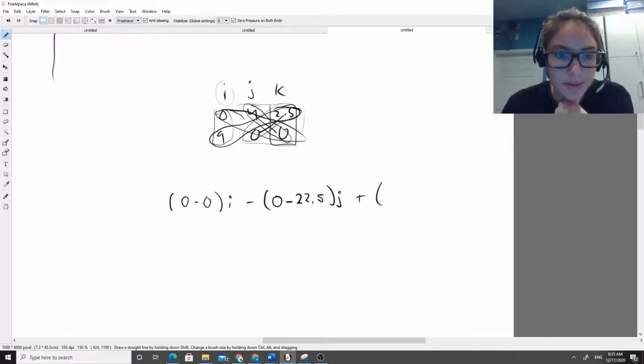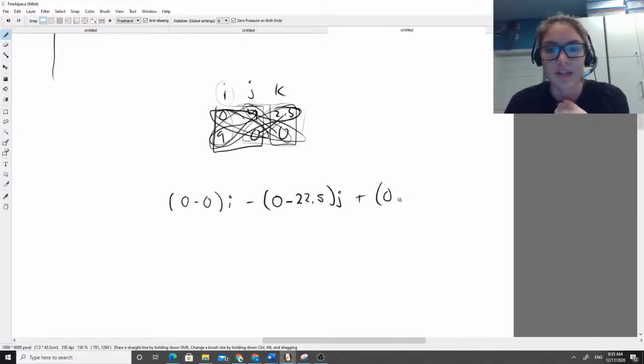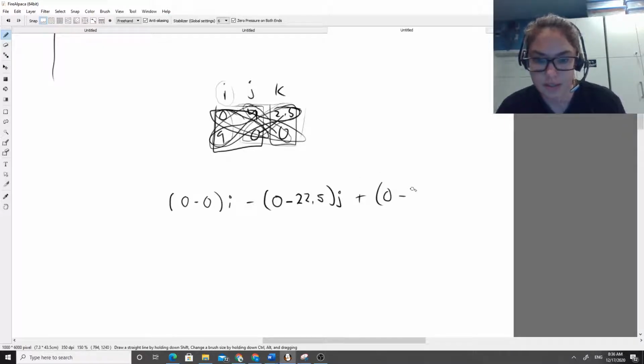And lastly, for the k, we're looking at this box. So we say this diagonal, which is 0, minus the multiplication of that diagonal, which is going to be 9 times 4, which is 36. Minus 36. And that's going to be k hat.